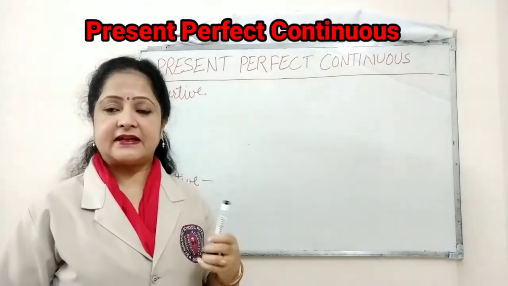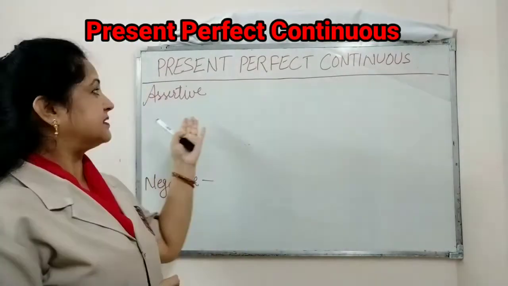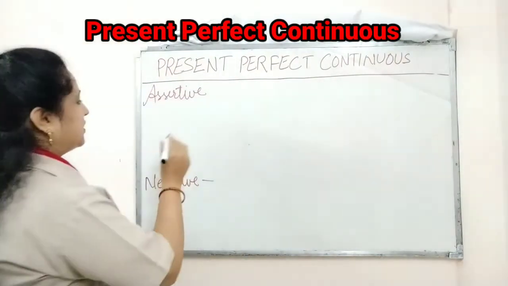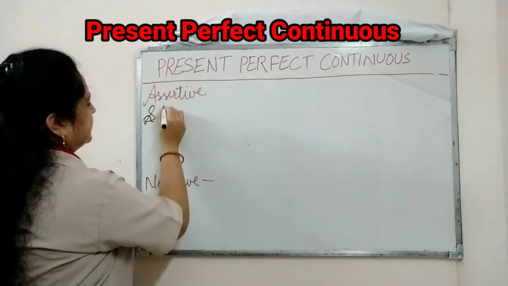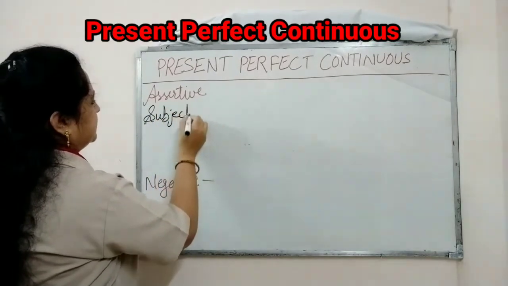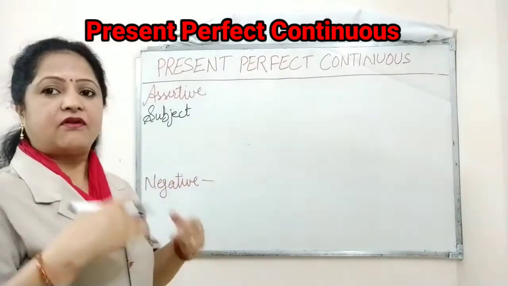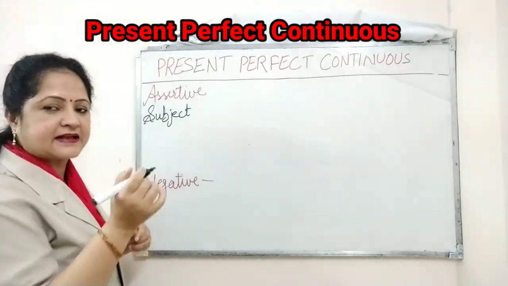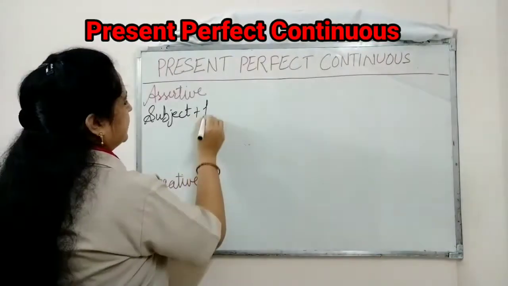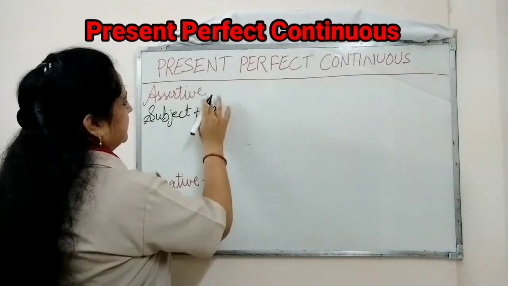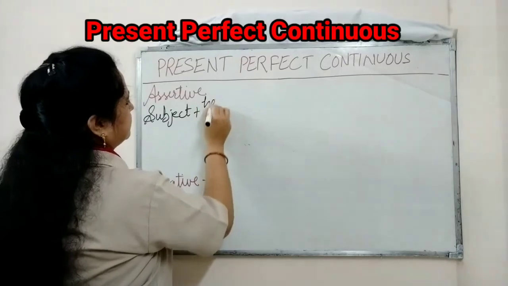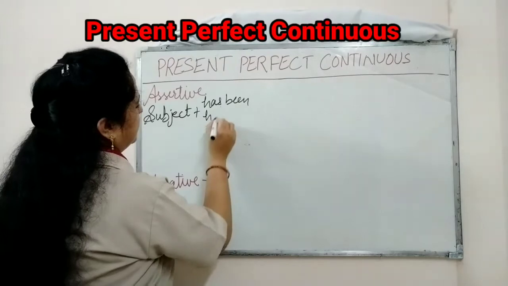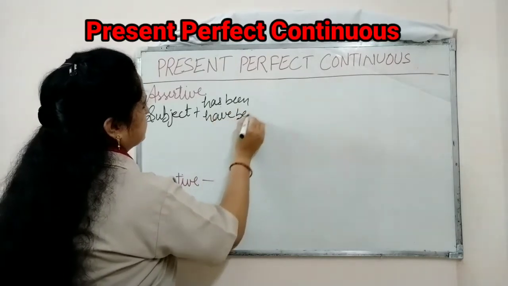Okay, so let's see how to frame the sentences in assertive form. First of all we write the subject. After writing the subject we write have been or has been. Okay, have been or has been. So here I am simply writing has been, or have been according to the subject.